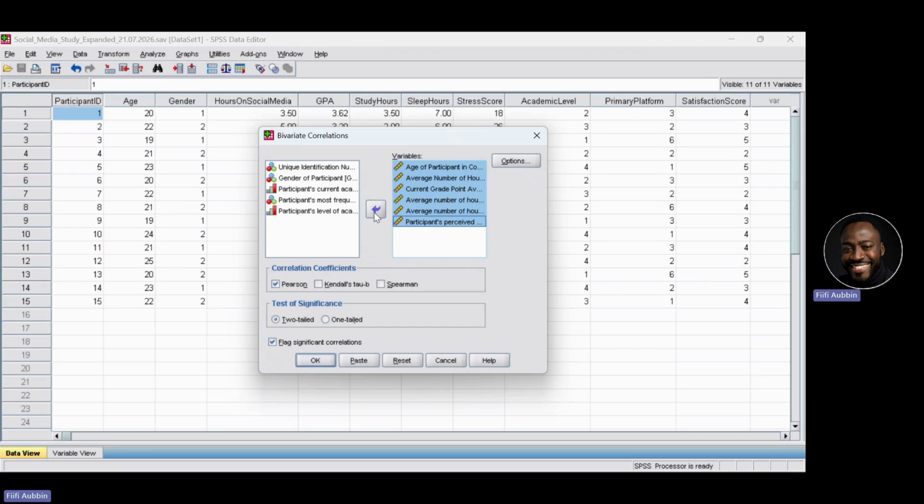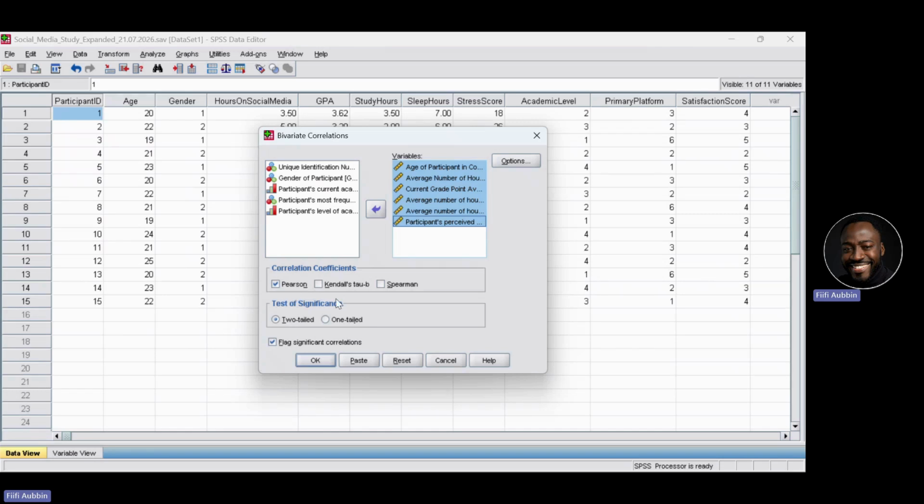And before running the analysis, I want us to take a moment to understand the available options, okay? When you check the correlation coefficient, Pearson is selected because our variables are continuous and approximately normally distributed.